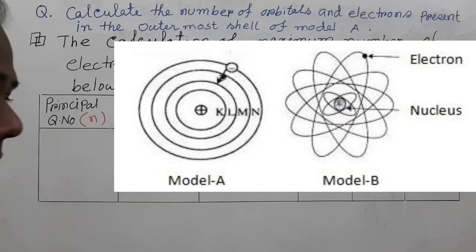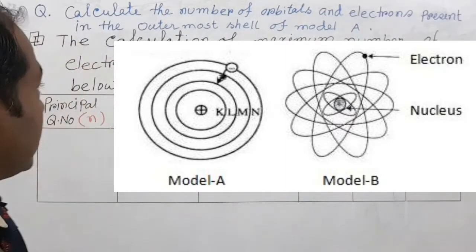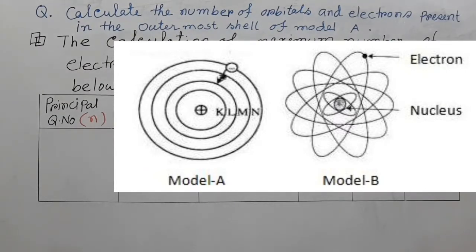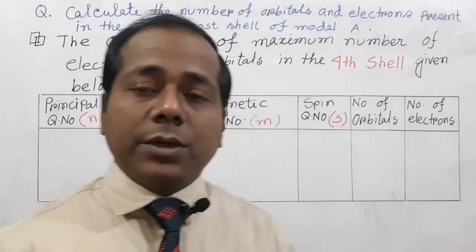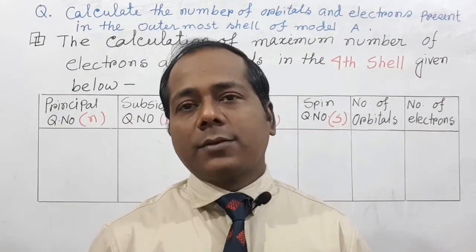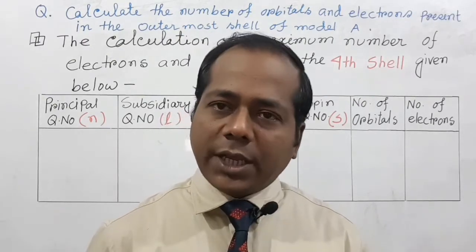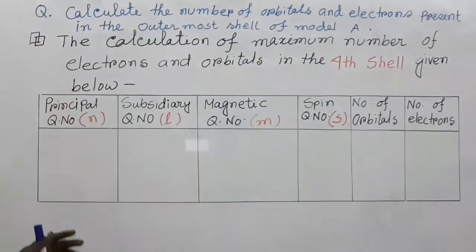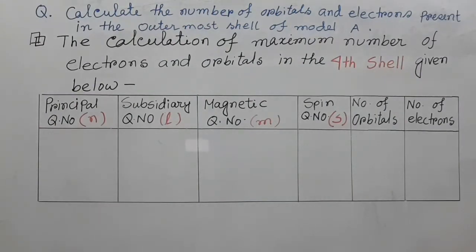Our question is: calculate the number of orbitals and electrons present in the outermost shell of model A. According to atomic model A, we can see that the last electron is present in the fourth shell. So, the calculation of the maximum number of electrons and orbitals in the fourth shell is given below.